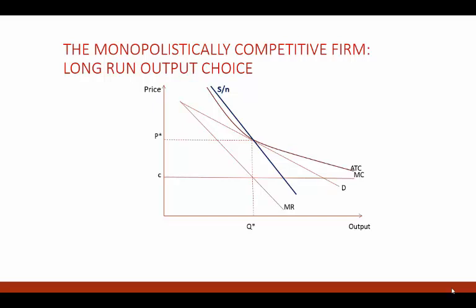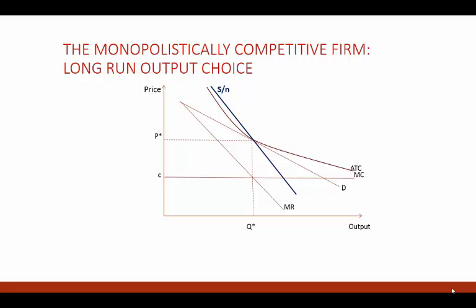We now turn to the graphical model of the monopolistically competitive firm's choice in the long run. As shown, more entry has made its demand and marginal cost functions shift down and become more elastic. Since each firm now produces less, average total cost also shifts up, and this happens until the ATC is tangent to the demand curve, that is, where P is equal to ATC.